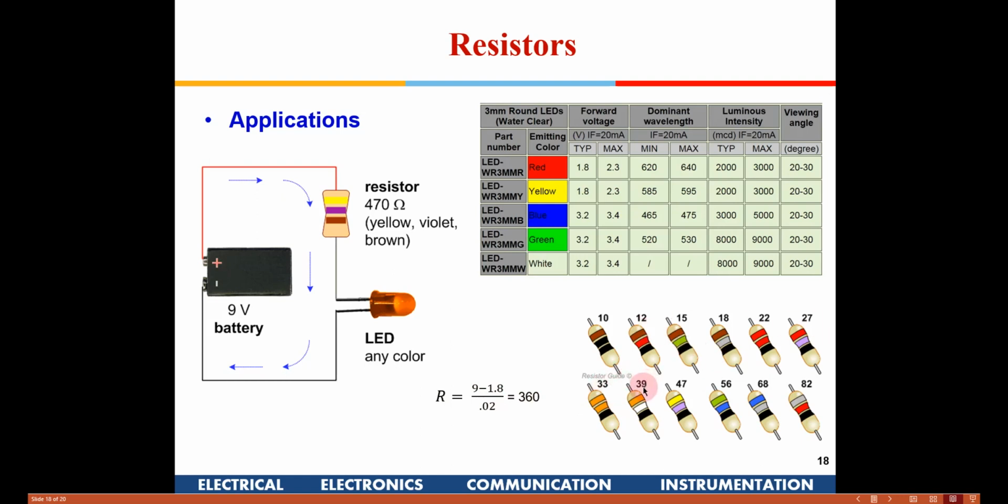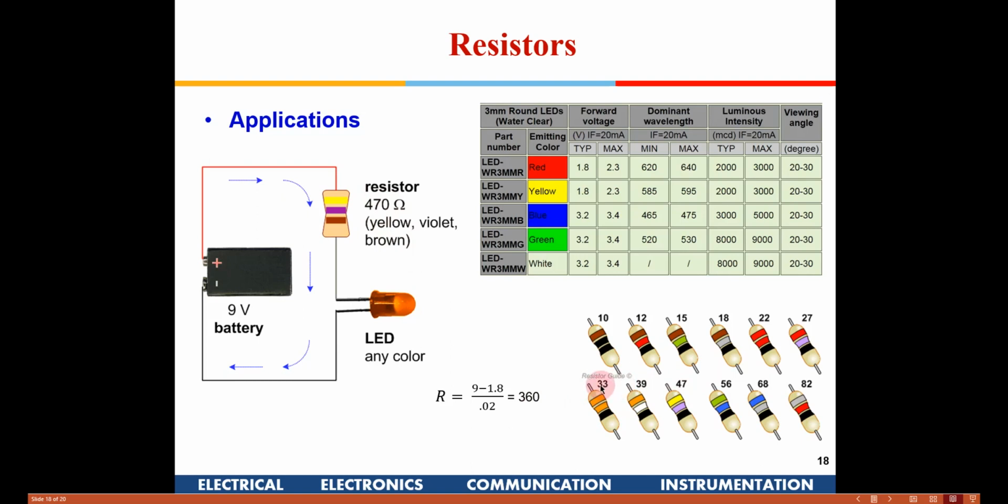Okay. Now 360 will generally not be available, so you will have to take 390, right? In this case, you can also take 470. That will ensure that this LED is not fully glowing, but slightly less, but still good enough, and it will prolong the life of the LED. So 470 ohms, you can put 390 also.